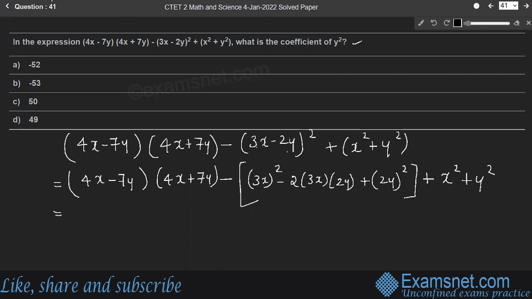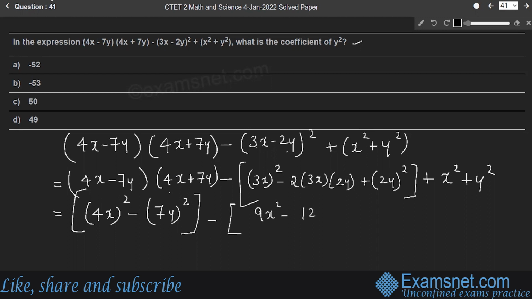So here a plus b into a minus b is a square, that is (4x) whole square minus b square is (7y) whole square, right? Minus (3x) whole square is 9x square minus 2 into 3 into 2, 12xy plus (2y) whole square is 4y square, plus x square plus y square.